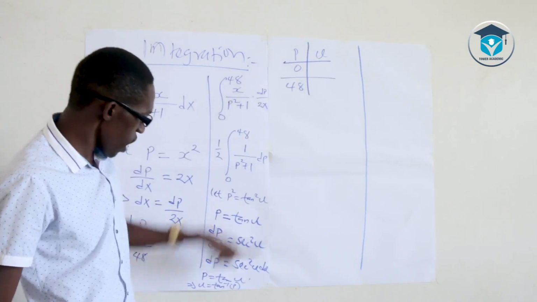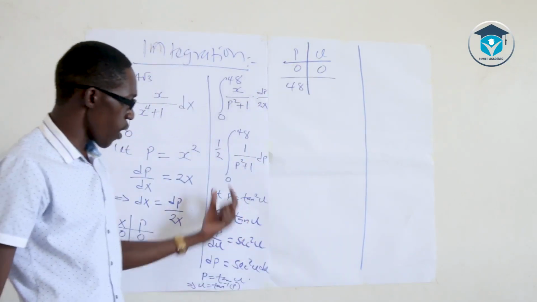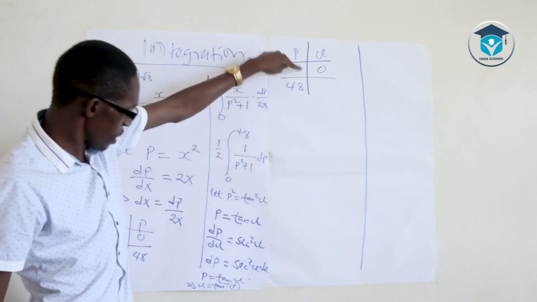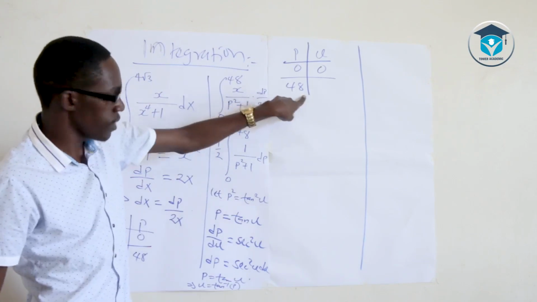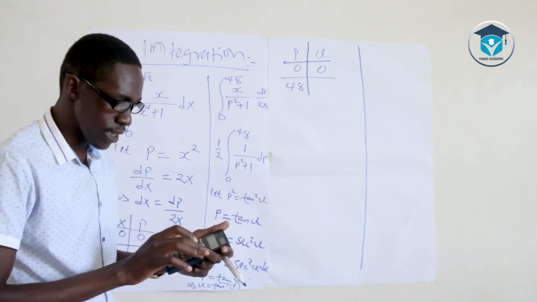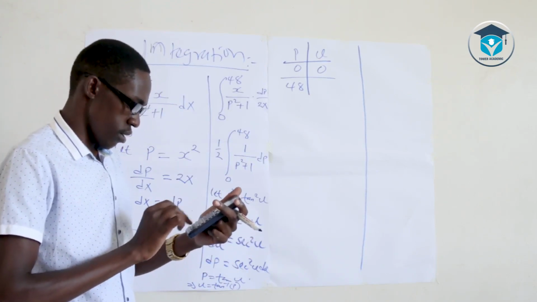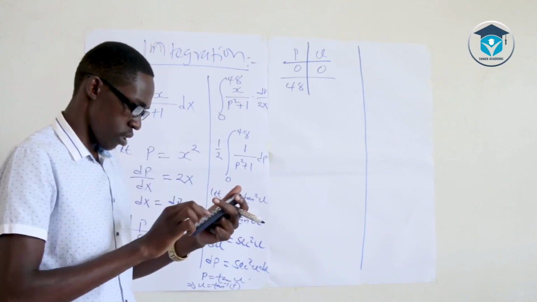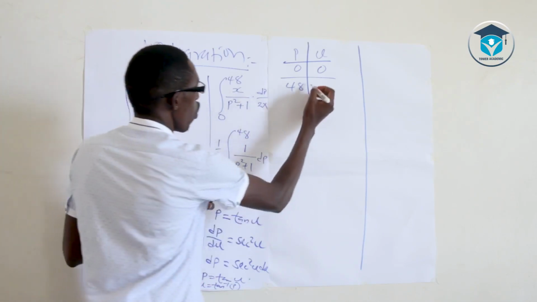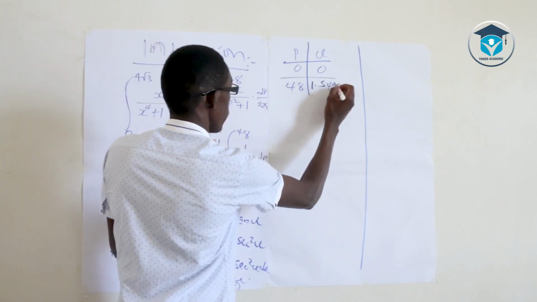When p is 0, tan inverse of 0 gives us 0. But as we are doing this, our calculators must be in radians. Then for 48, we use the scientific calculator: arctan of 48 gives us 1.54996.